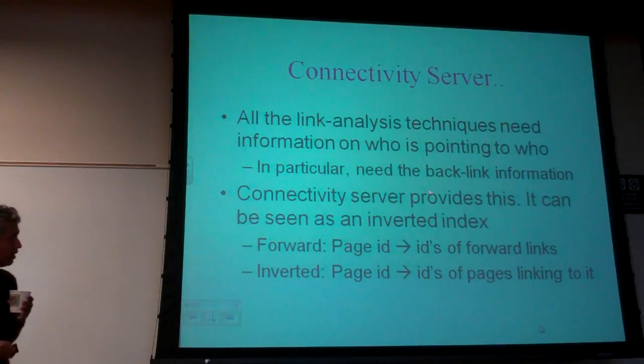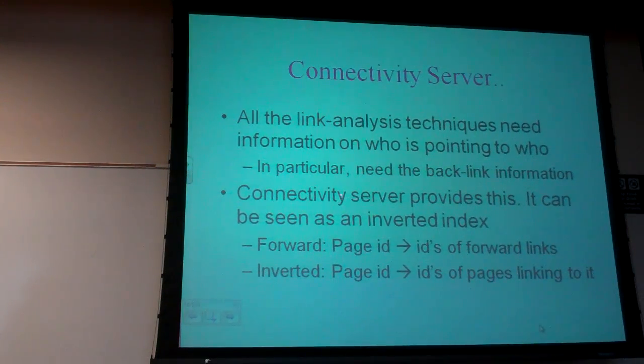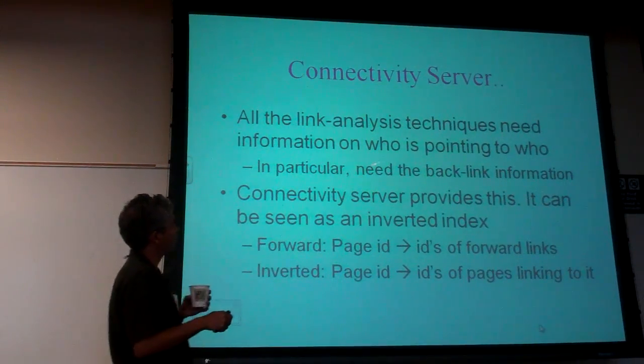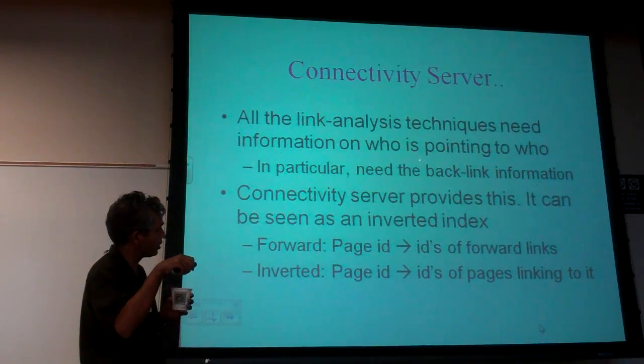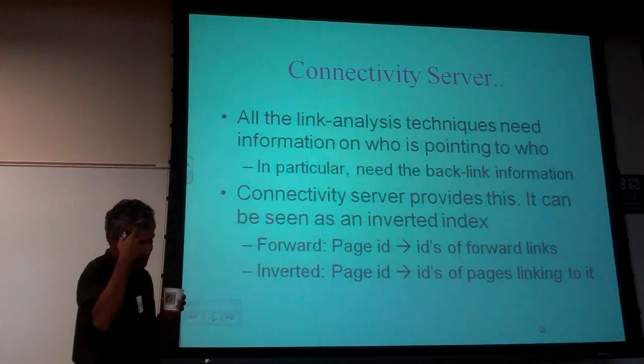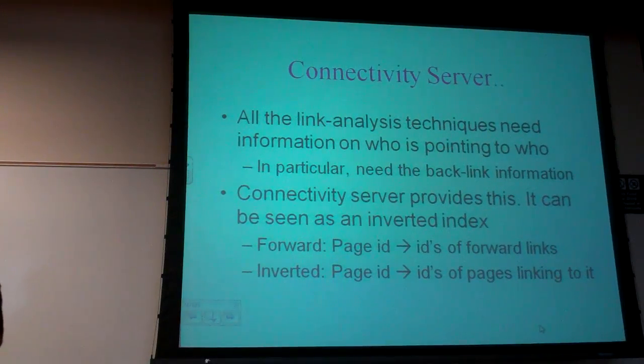One other thing, actually this could come anywhere, but this should have come right after PageRank, which is that just as you have inverted indexes, where given the word it tells you where all the documents are, you also need backlink structure.